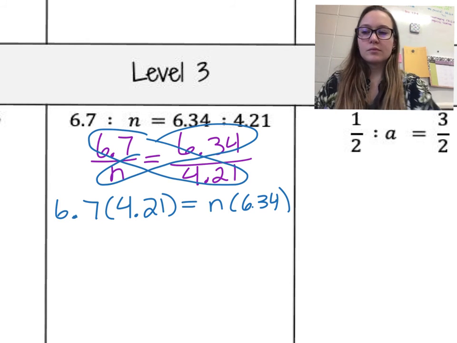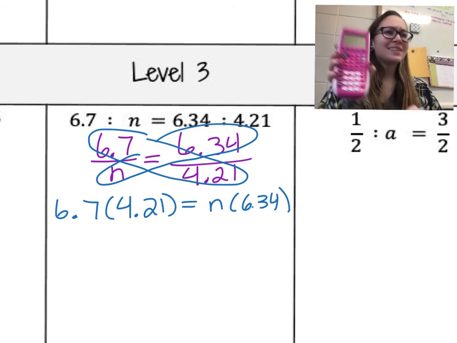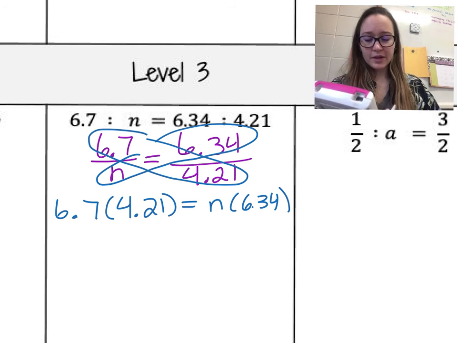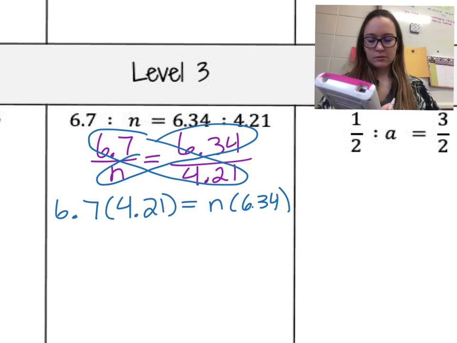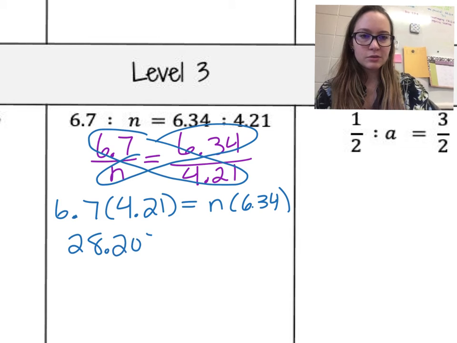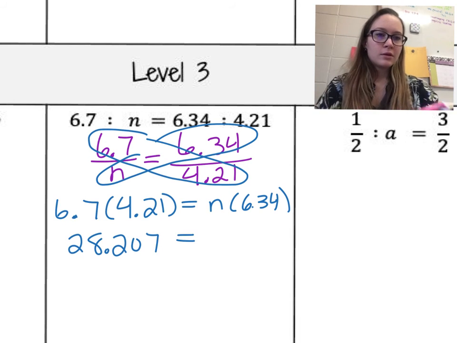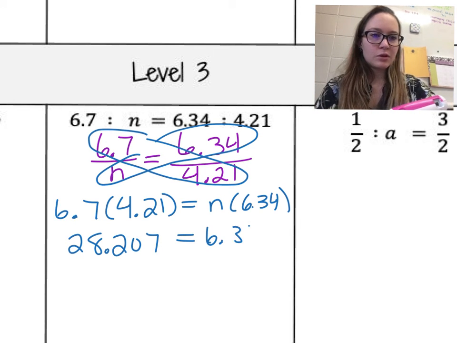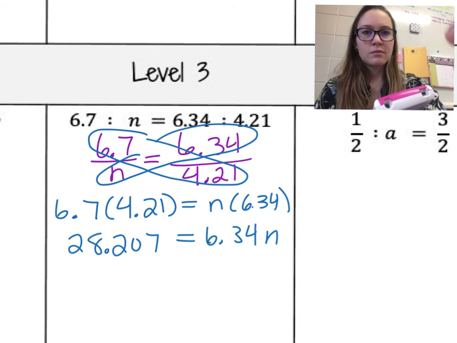Okay, so I'm going to do the multiplication, and you can use a calculator, it's totally fine. Okay, so 6.7 times 4.21 is 28.207 equals 6.34n.